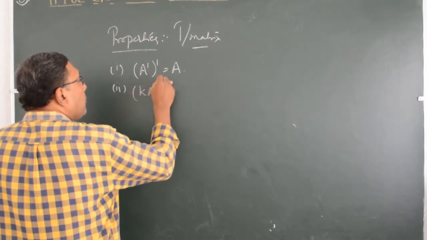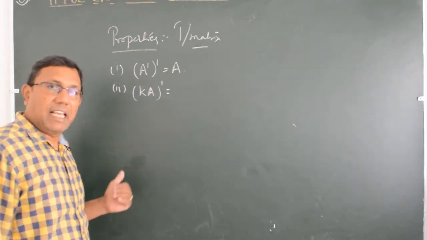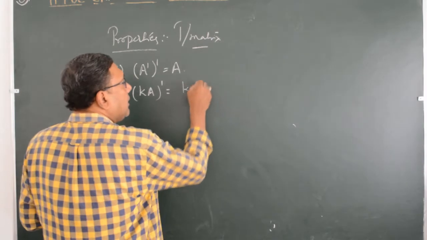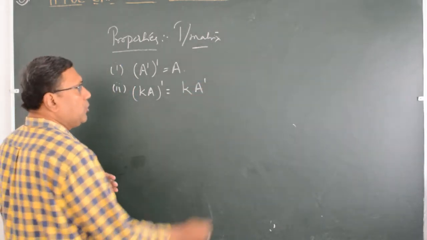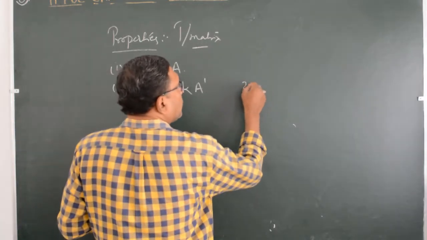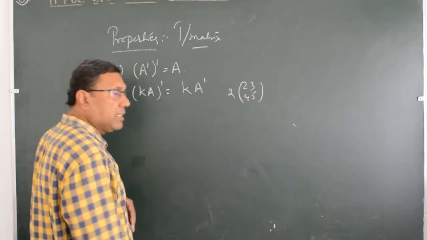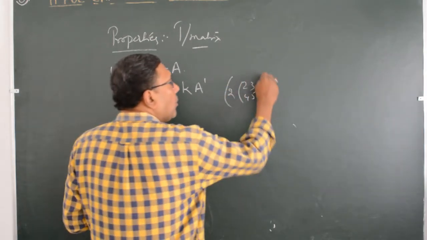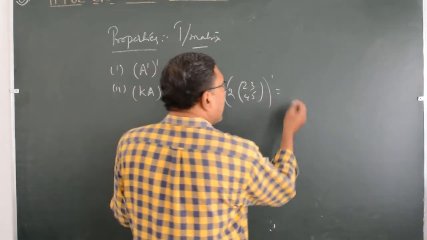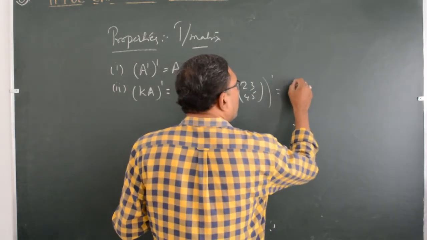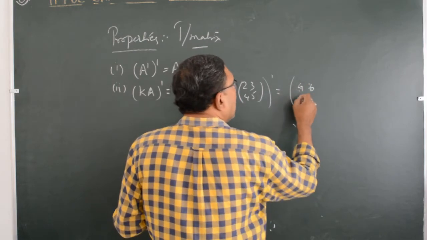if you multiply a matrix with a scalar quantity K, then its transpose will be K into A transpose. Assuming that I have a matrix 2, 3, 4, 5, which is 2 by 2, multiply this matrix by 2 and transpose the whole thing. I take the 2 inside: 2, 3 becomes 4, 6 and then 8 and 10.